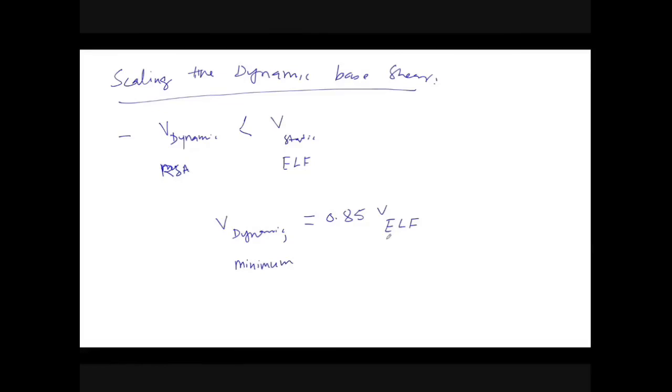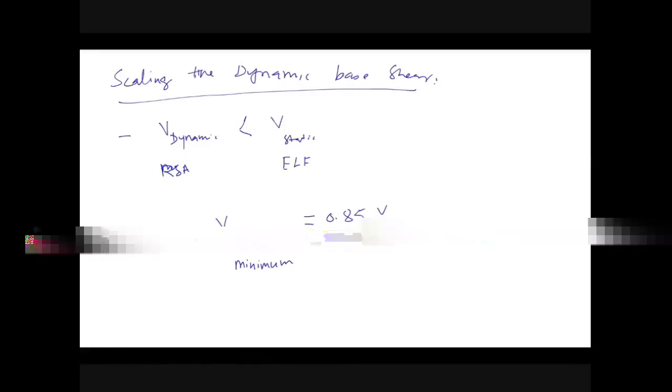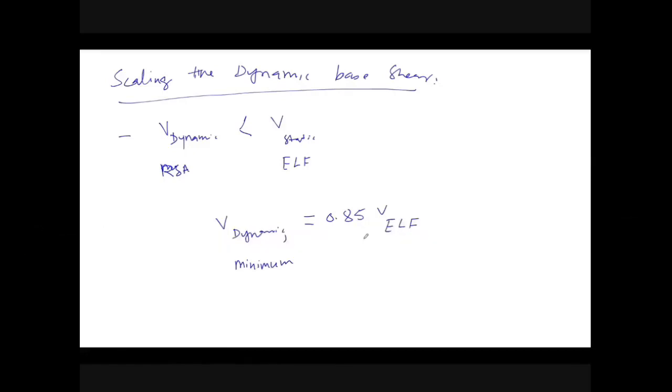So you obtain the base shear using the dynamic procedure, then use the static procedure, obtain the base shear, take 85% of the static base shear, and if this is greater than the dynamic one, then this becomes the value. Or if the dynamic is more than this and less than the V static, then you can assume that.